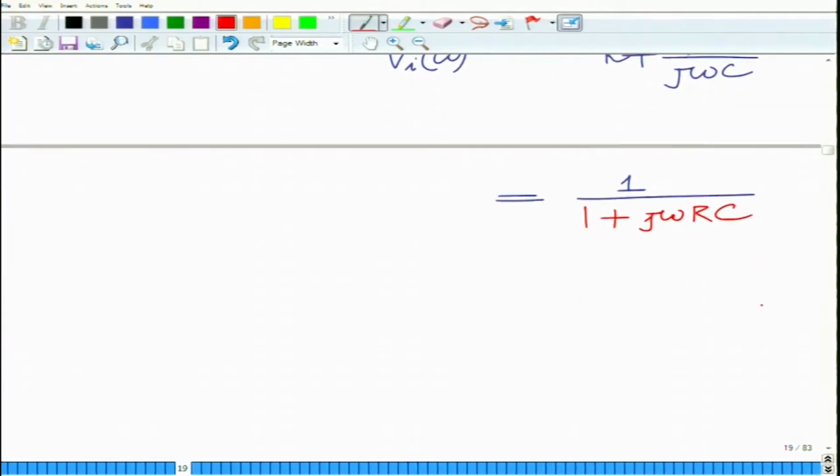Now, you can see RC is equal to 1 kilo ohm into 1 microfarad, which equals 10 to the power of minus 3; the unit is in fact seconds.